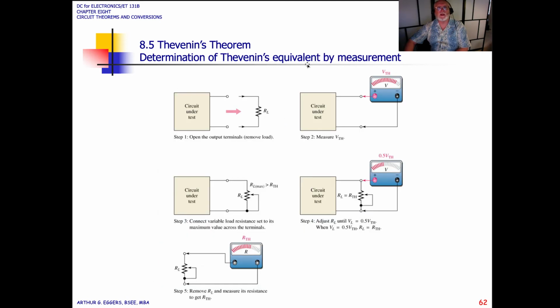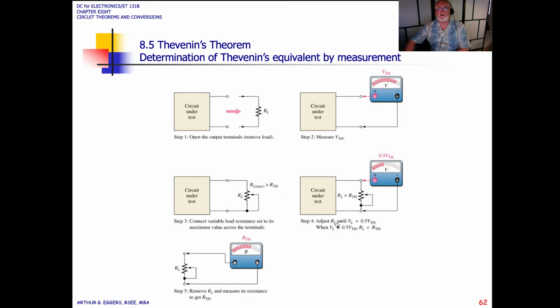So in determining the equivalent by measurement, again, you would remove any load. You could put a voltmeter on the output and measure the V Thevenin. Connect a variable load resistor, set to its maximum value, across the terminals here.